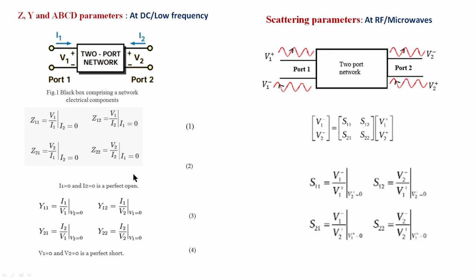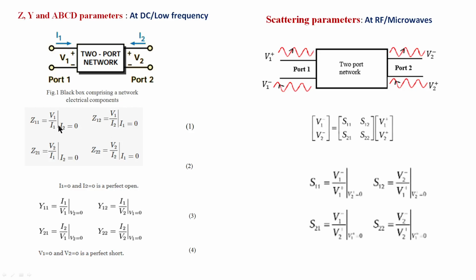Also, you can see here that wave transmission is not considered. Total voltage and total current are measured here. In this case, at low frequency, total voltage and total current are measured at the input and the output.